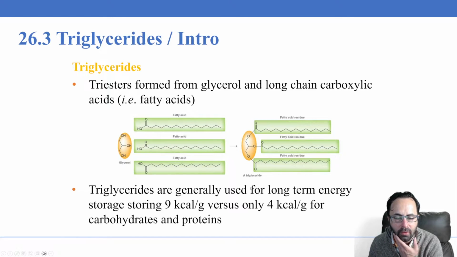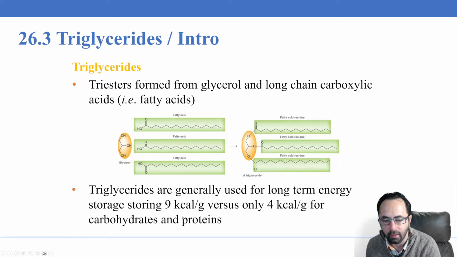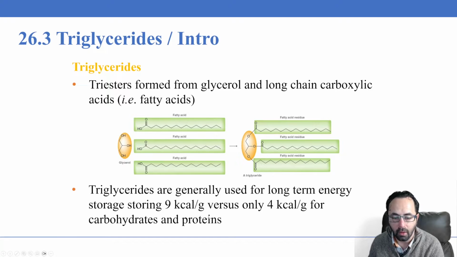So triglycerides are used for storing energy in organisms, and they are an efficient way of storing energy because when these triglycerides are metabolized, they can produce 9 calories. We say kilocalories. A kilocalorie is a dietary calorie, 1,000 calories.